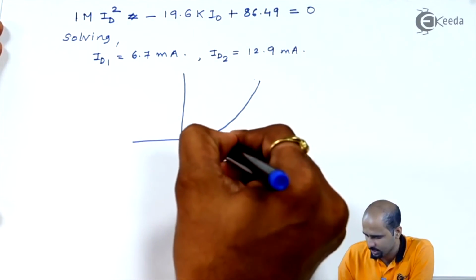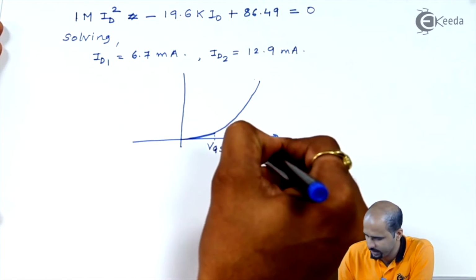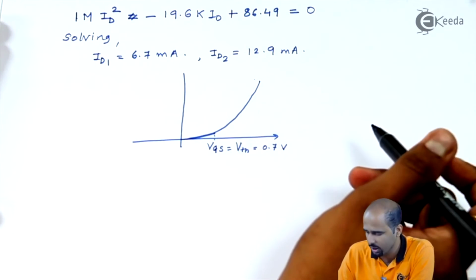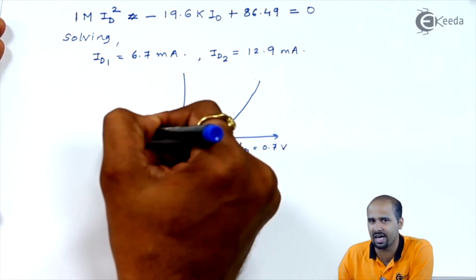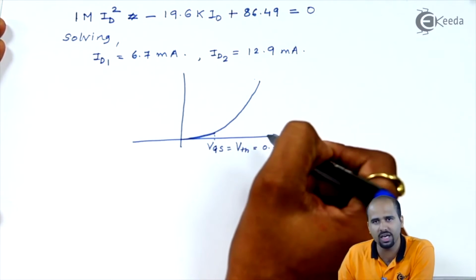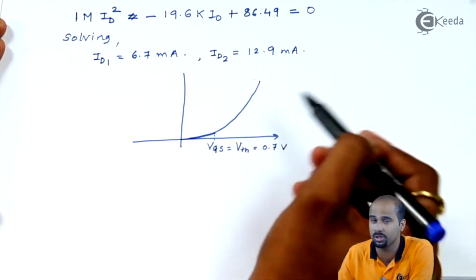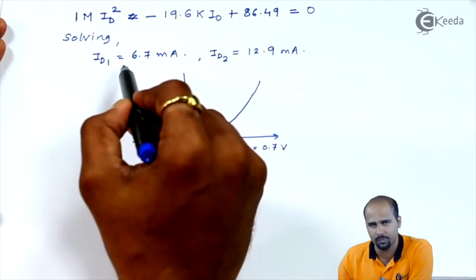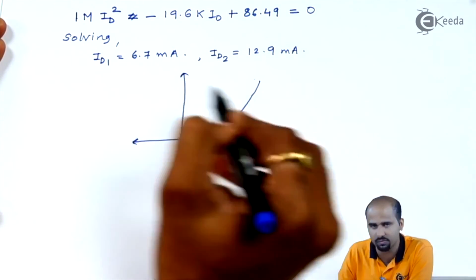If we take a VGS value which is less than 0.7, then the corresponding ID value should be equal to 0 or very near to 0, right? But both values are in milliampere.